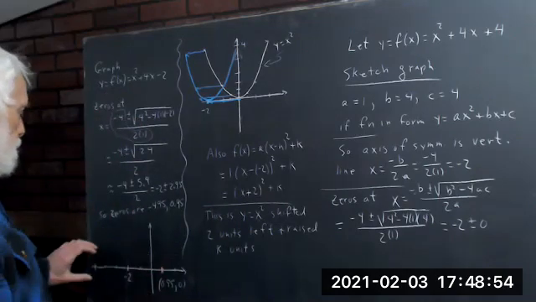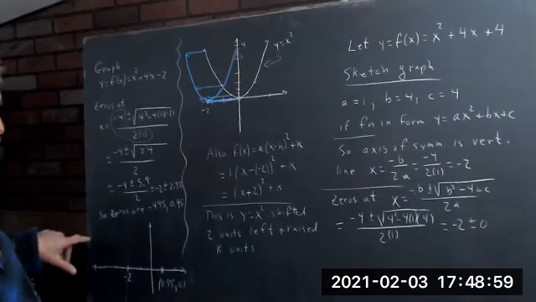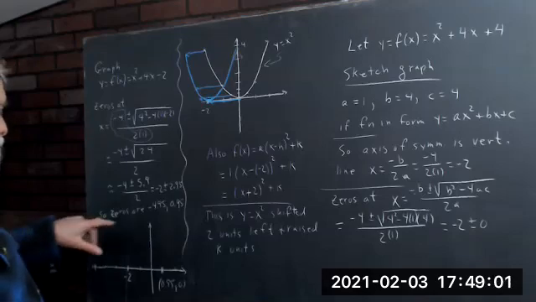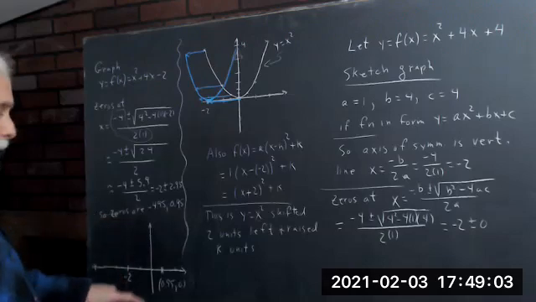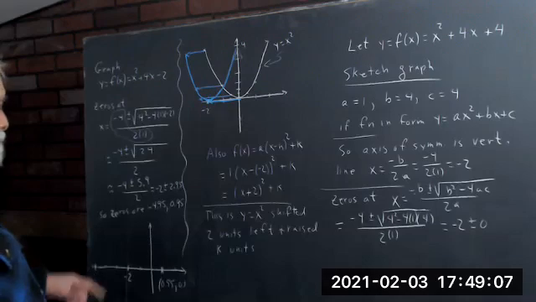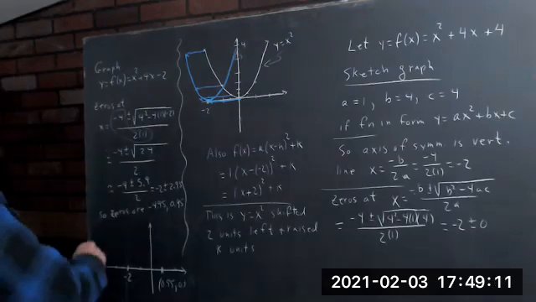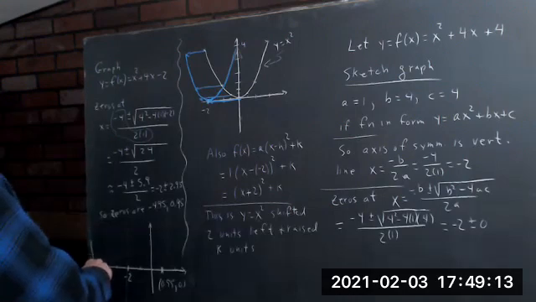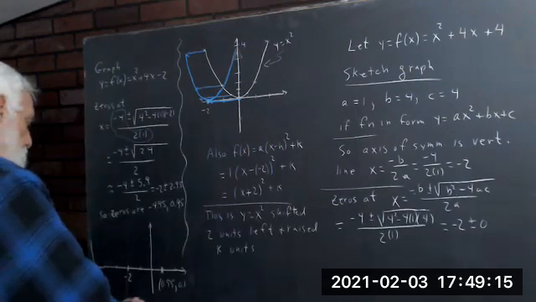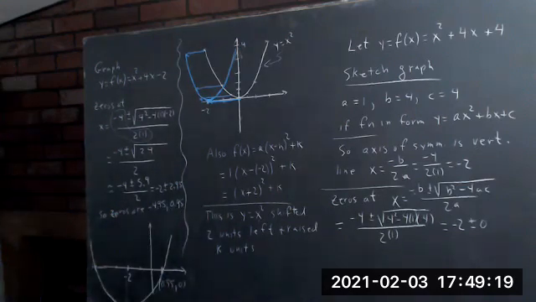It's going to have to be shifted so that the vertex lies on this line and the zeros go through these 2 points, which means we're going to have to shift it down pretty low. But if I draw a parabola now through these points, there's a pretty good graph.